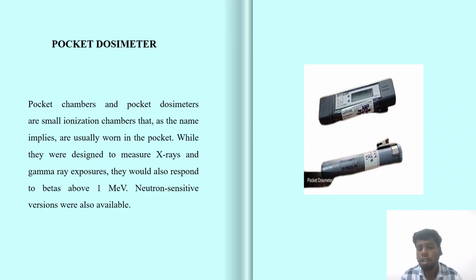A dynamic exposure dosimeter refers to a situation where either the dosimeter or the radiation source is moving. Here the dosimeter moves, so there will be fluctuation of radiation intensity over time.